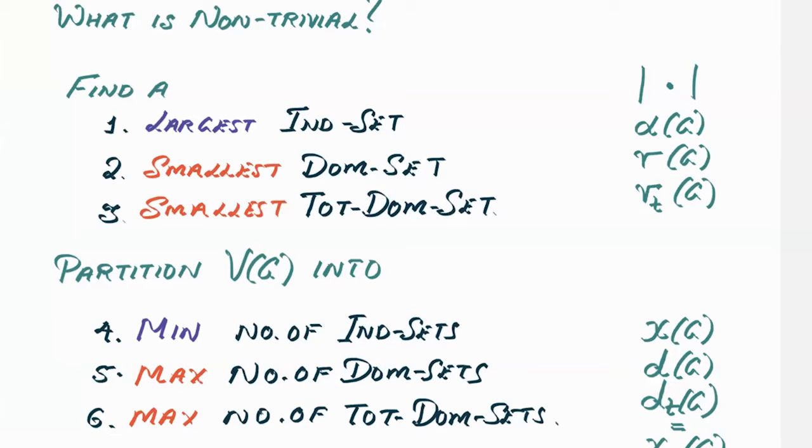In the coloring language, we are trying to use the maximum number of colors so that each color class is a dominating set, or in the last case, a total dominating set. These parameters are called the domatic number and the total domatic number respectively. The total domatic number is usually denoted as dt of G.